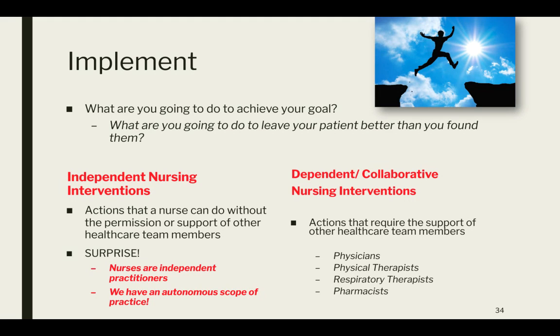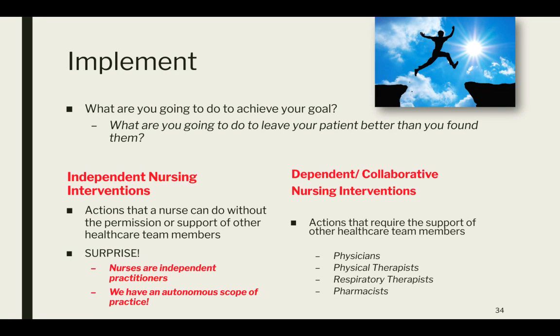Remember, nurses have their own scope of practice. This is independent from other providers. We don't need an order to do these. So these are actions that we can take without the support or permission of other team members. We have our own scope of practice that's completely independent from physicians, providers, pharmacists, all that type of thing.